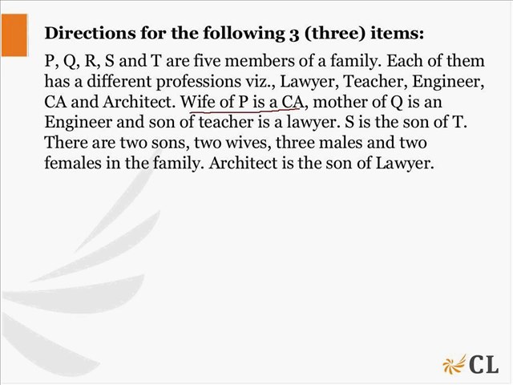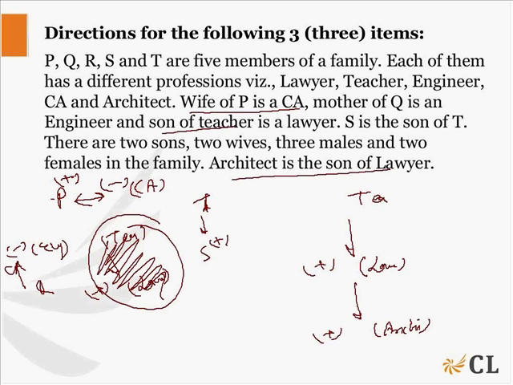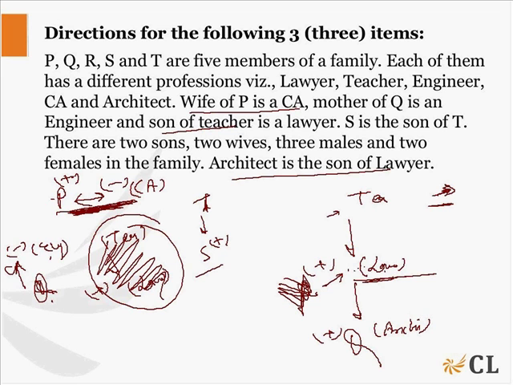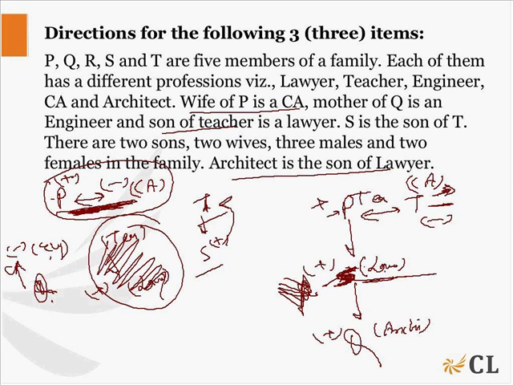Amar, why can't you see? I am drawing it on the board only. So if S is there, then S is the son of T. Now P and CA, again there is only one option left, that P is here and CA is here.